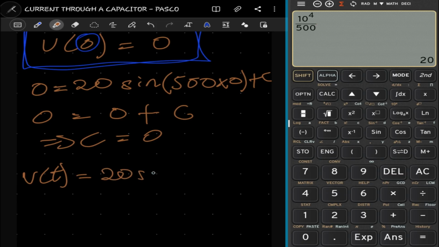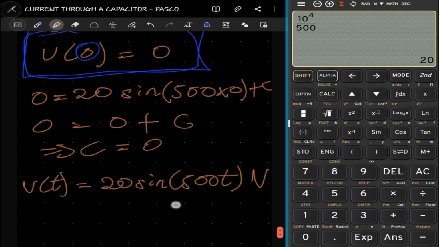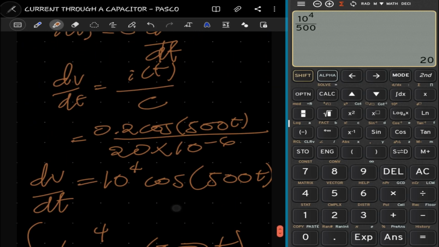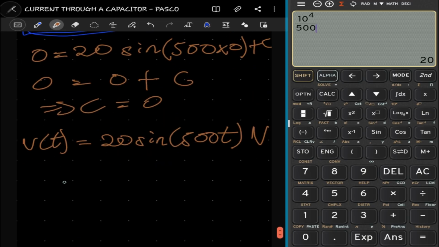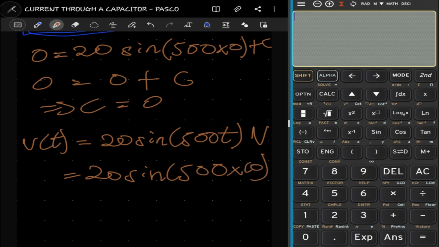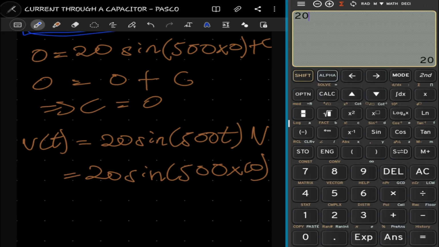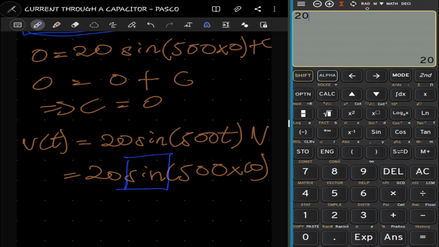That's 20 sine 500t volts, right? And now we are trying to find the voltage when the time is 10, right? So this gives us 20 sine 500 times 10, right? So that's 20. And remember, very important, because we are dealing with trig here, you make sure that you are doing the computations in radians, right?